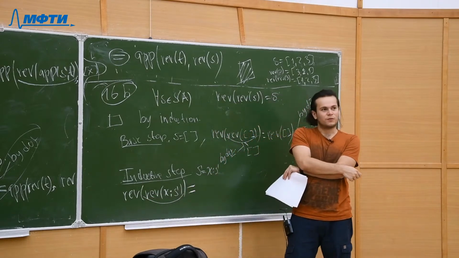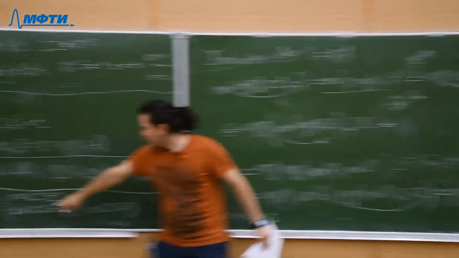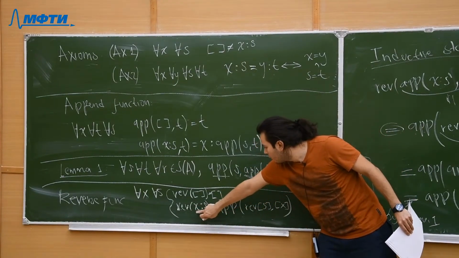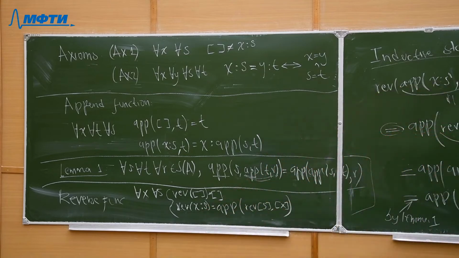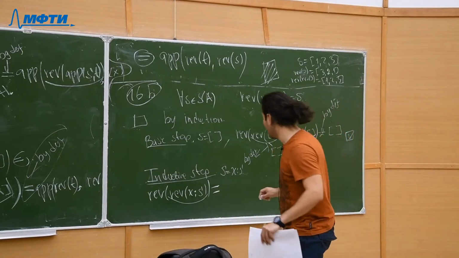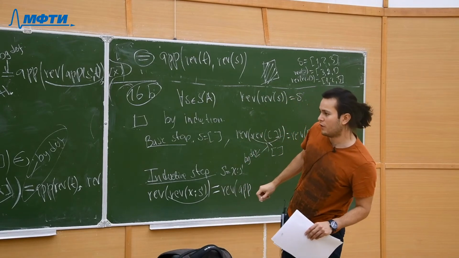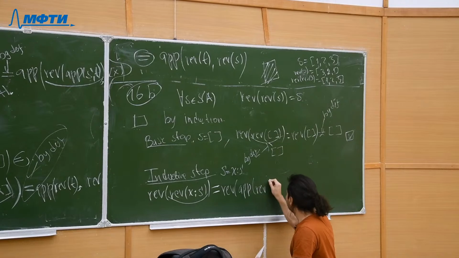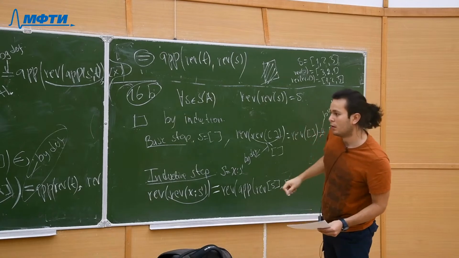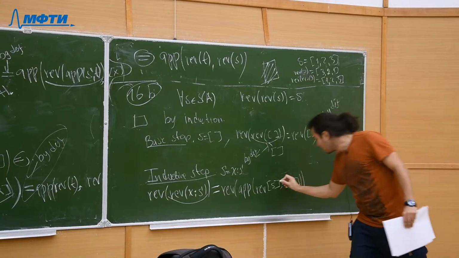What is this equal to? So we have to go to the definition, and look, the reverse of X column S prime is equal to the app, so the reverse of the app of the reverse of S prime and X, right? S prime, yes. Thank you.